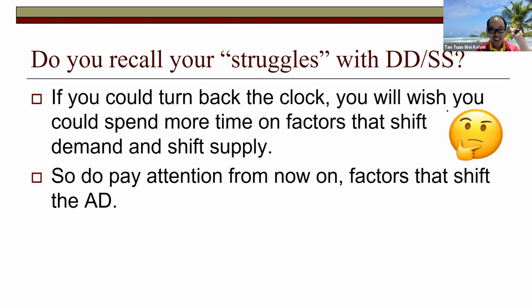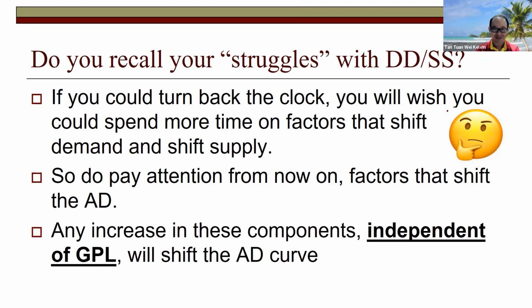Trust me, even your Year 2 friends are wishing they could turn back the clock right now and pay more attention to this lecture on what could cause C, I, G, X minus M to change. I encourage you all to pay attention. As I've said, any increase in these components independent of the general price level will shift the aggregate demand curve.